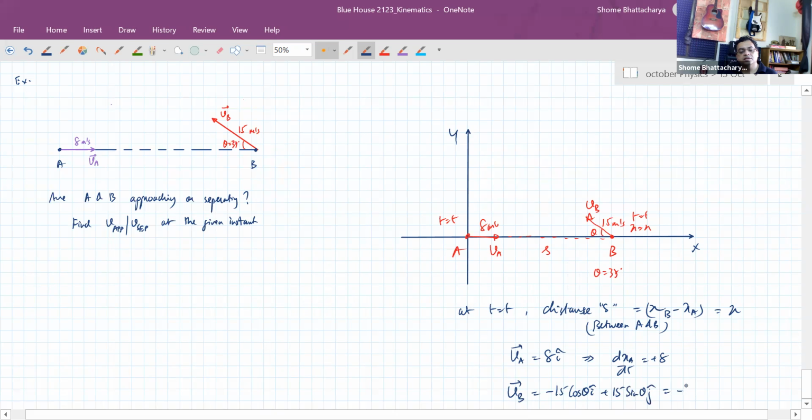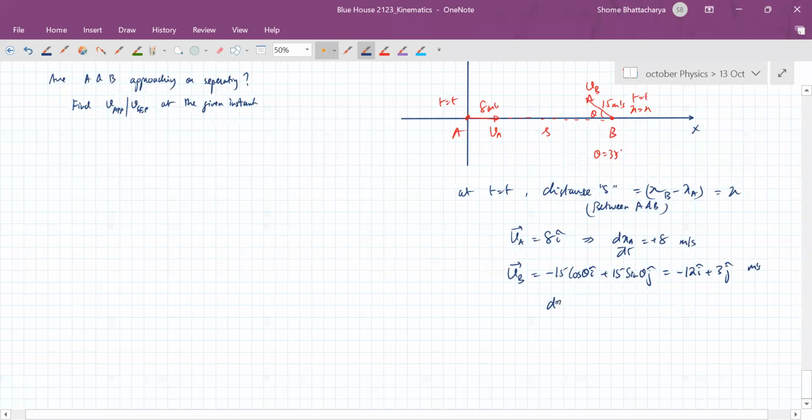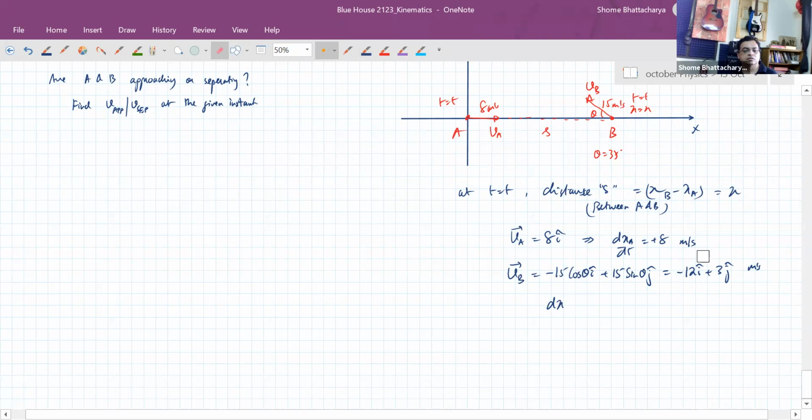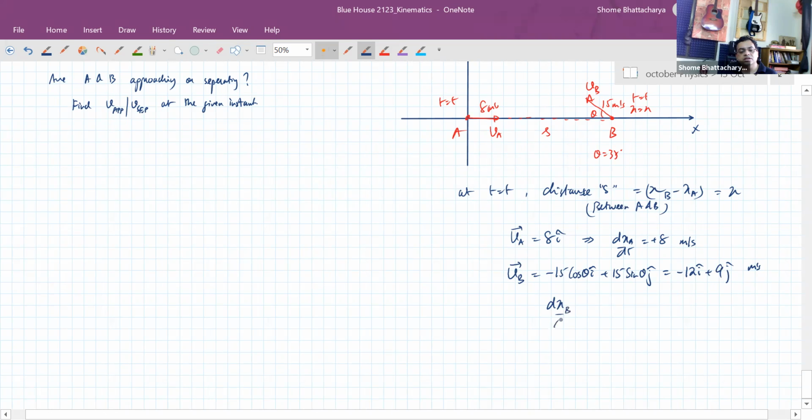So it is minus 12 i cap plus 9 j cap in meters per second. So what this tells me is that the rate at which B's x coordinate is changing is minus 12, whereas the rate at which B's y coordinate is changing is plus 9. Okay. So these two are the important things here.